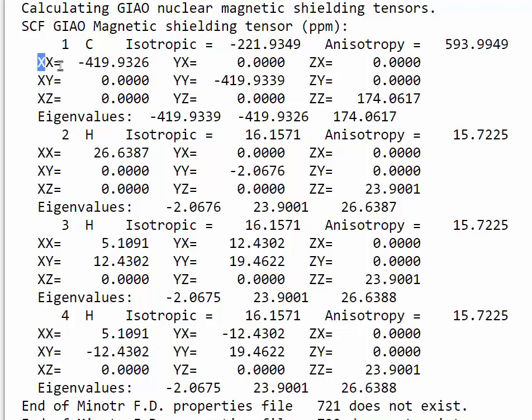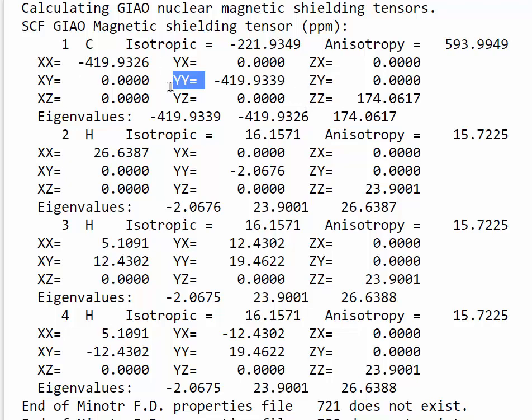XX means this is the shielding that is due to the magnetic field applied in the X direction, and it's how it affects the electrons in the X direction. Whereas the YY is a magnetic field applied in the Y direction. This is the shielding due to the electrons moving in the Y direction, etc.